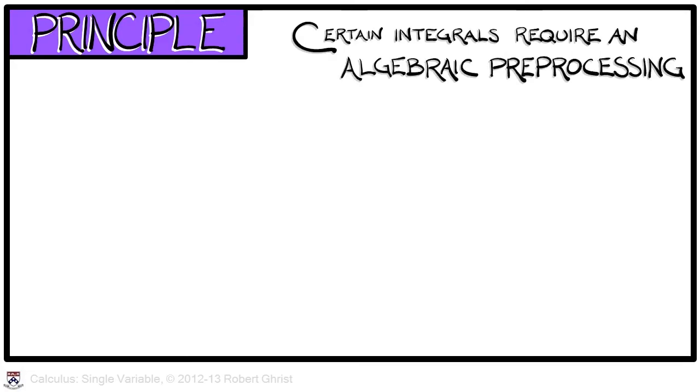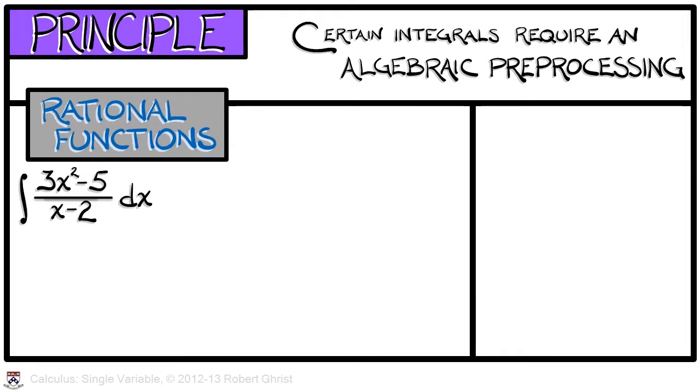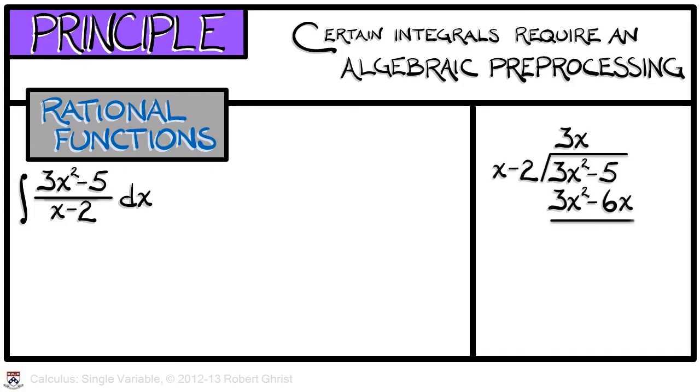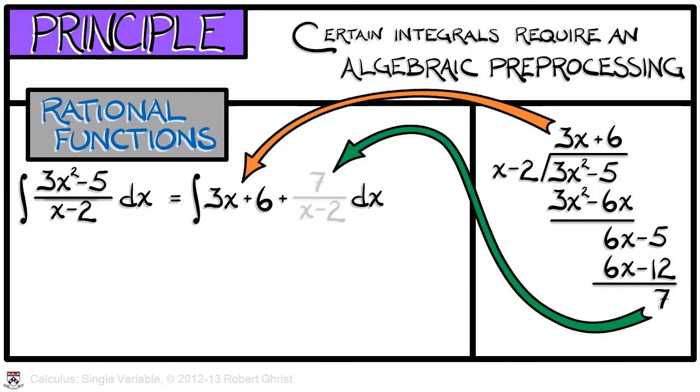Indeed, certain integrands respond well to a pre-processing step. This is especially true for rational functions, ratios of polynomials. For example, if you are asked to integrate (3x² − 5)/(x − 2), then naturally you would perform the polynomial division and rewrite this as 3x + 6 with a remainder of 7/(x − 2).